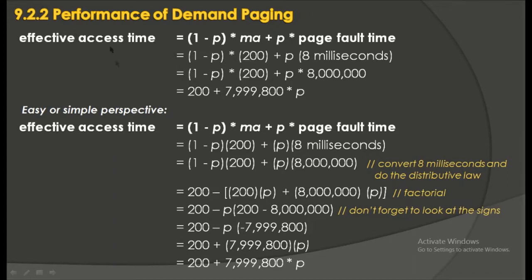Effective access time is equal to (1 minus the probability) times the memory access time plus the probability times the page fault time. Our page fault time is 8 milliseconds.